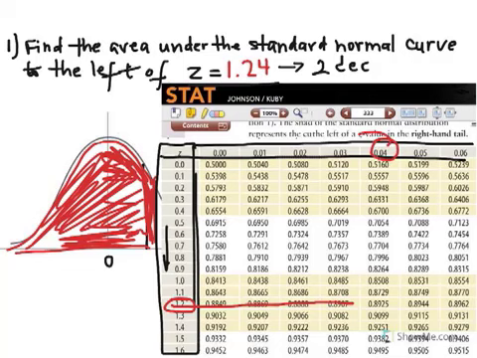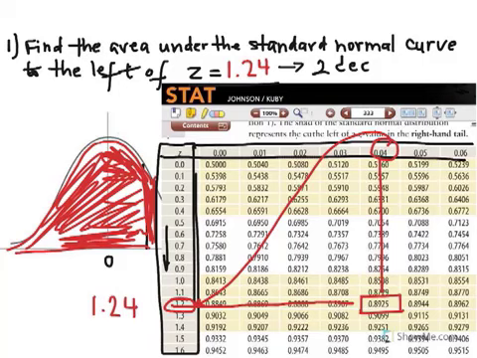So this 4 will come right over here and make 1.24. When the row matches with the column cell, we have our area.